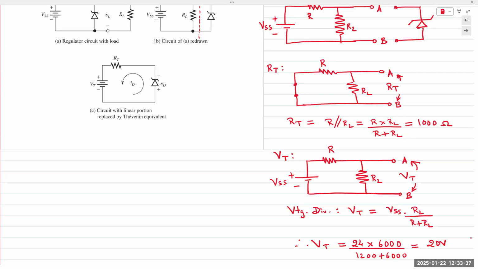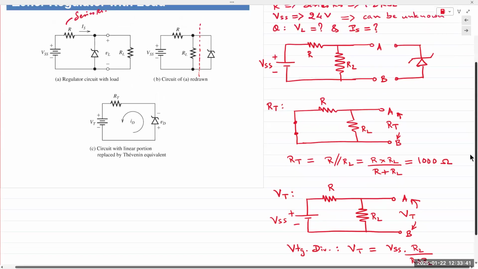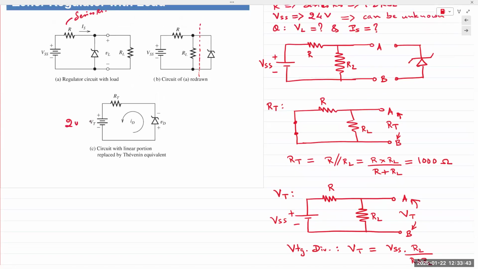Okay. So now we have our Thevenin circuit. I can write VT is 20 volts here. RT is 1 kilo ohm. The ID current, they still reference in the negative direction.